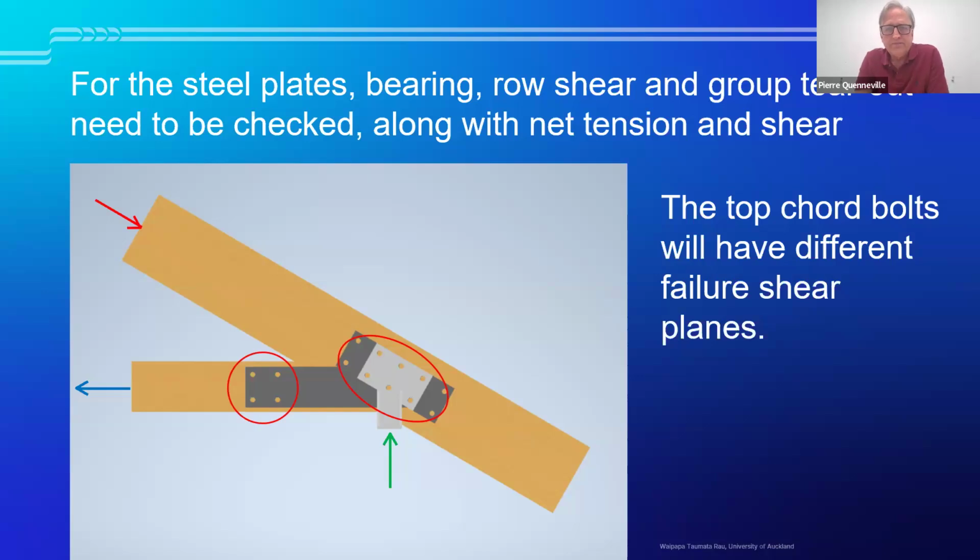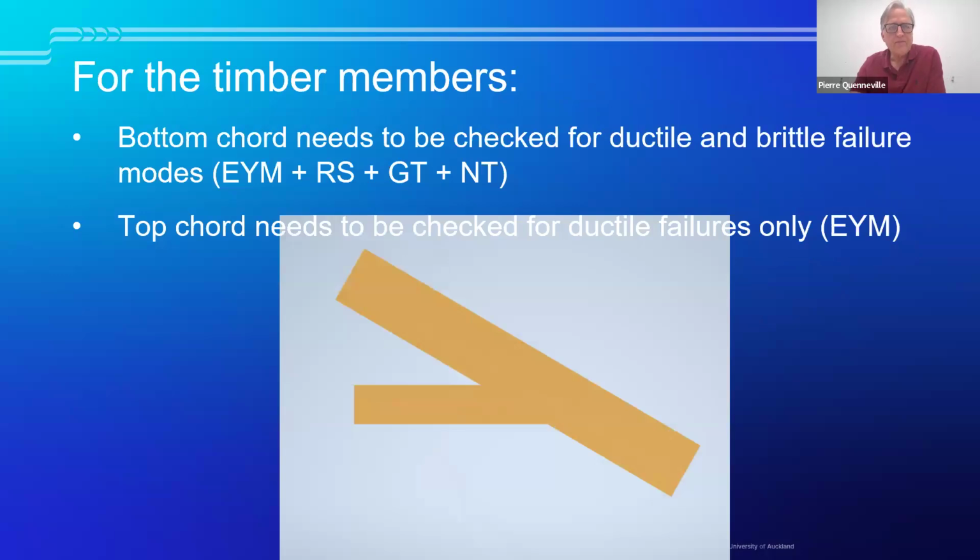and the top cord bolts would have a different failure shear plane in this case. For the timber members, the bottom cord would need to be checked for ductile and brittle failures. So we would need to check the EYM, the row shear, the groove tear out, and the net tension, as we saw in example 2.